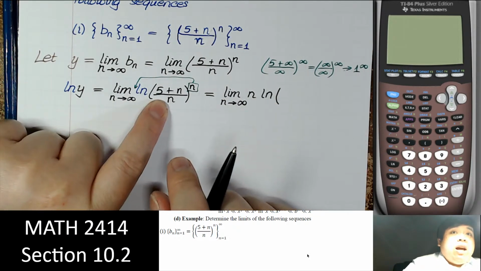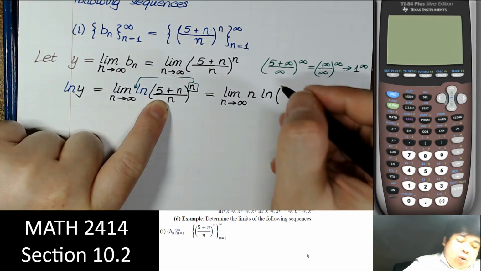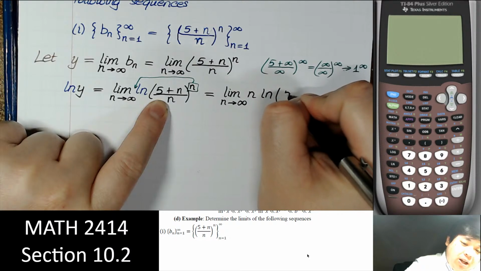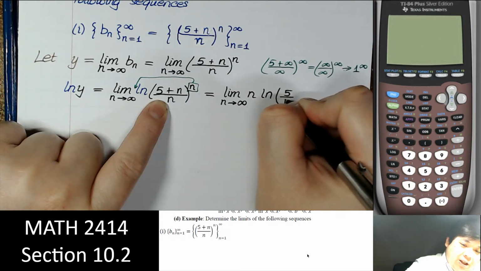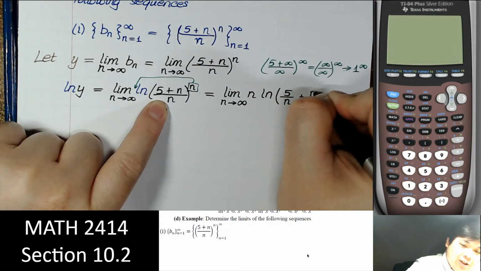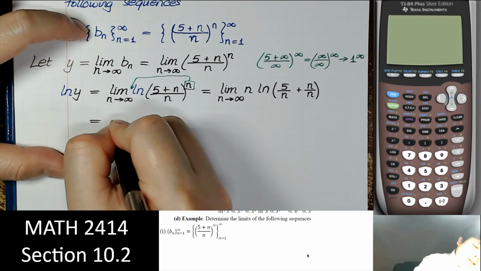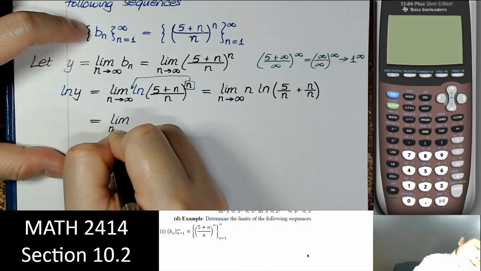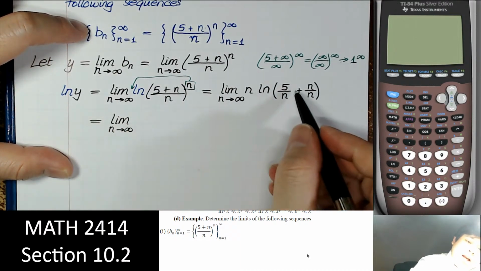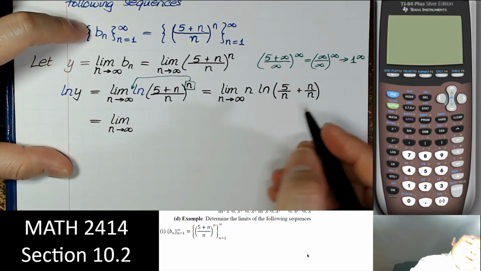By the way, when we write like this, I can also split it and write like this. Right. And that's 5 over n and n over n.